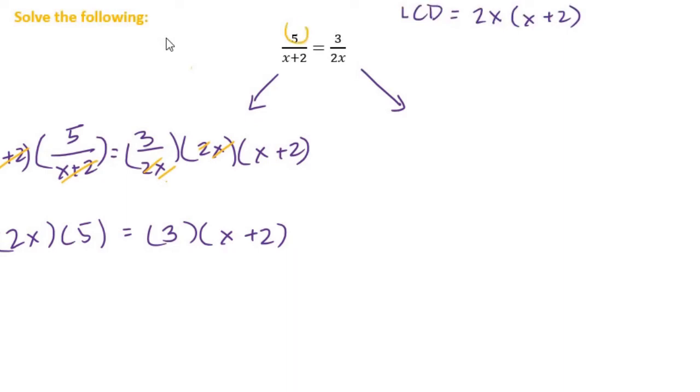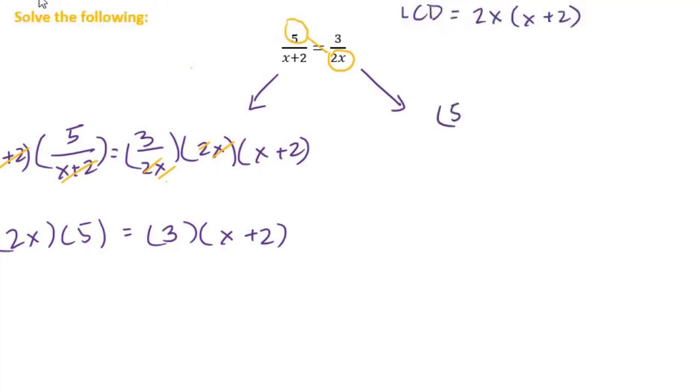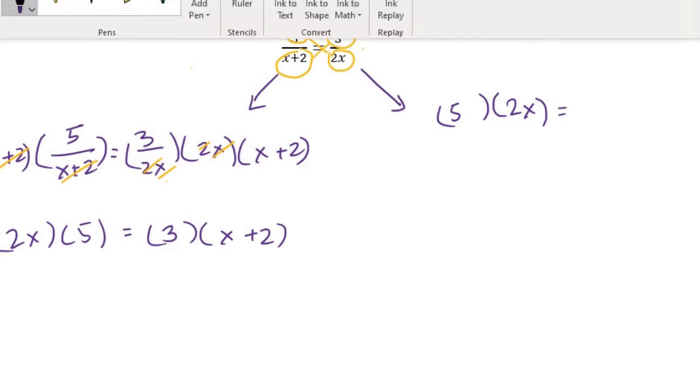You'll take the numerator of one side and multiply it by the denominator of the other. So in this case, we'll take 5 and multiply it by 2x. Then we'll take the denominator of that side and multiply it by the numerator of the other side. And that x that I've drawn is the x from cross multiplication.